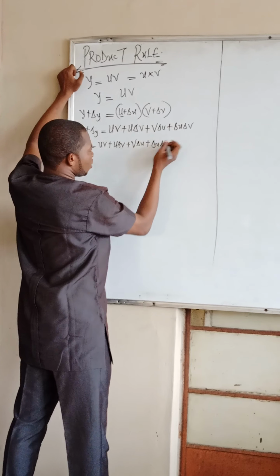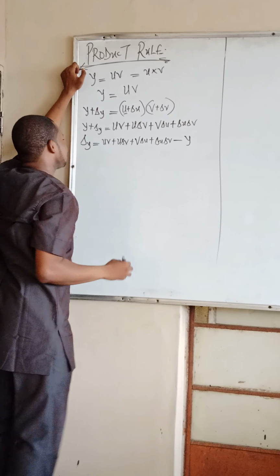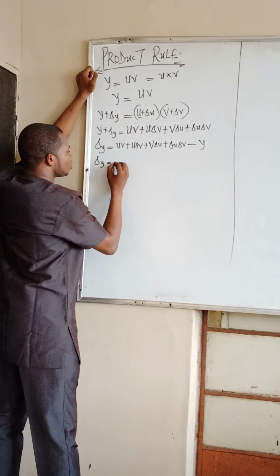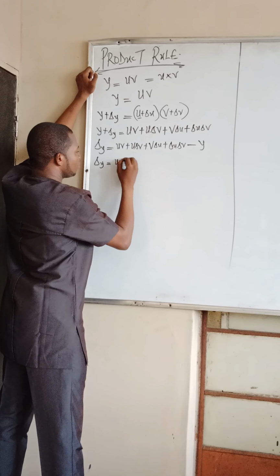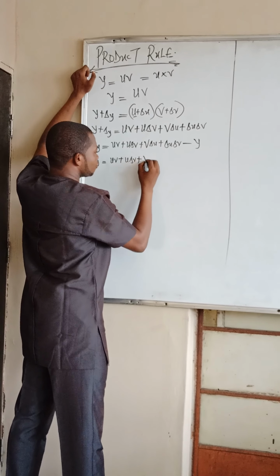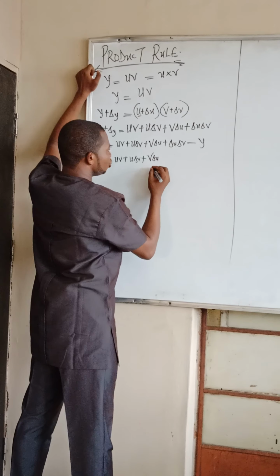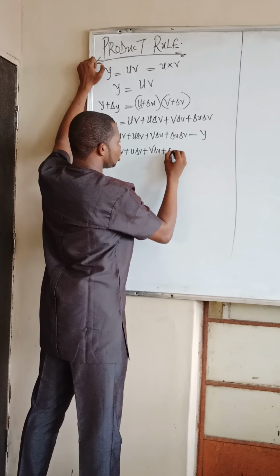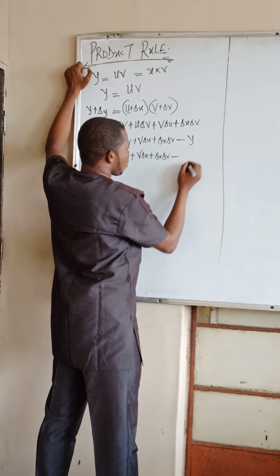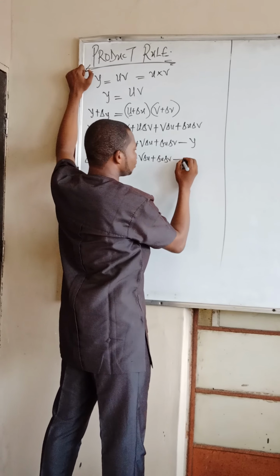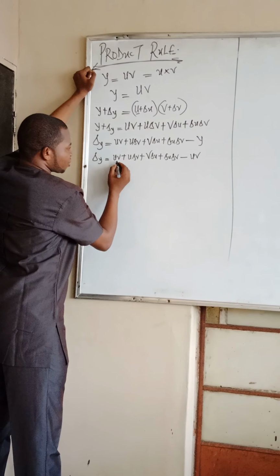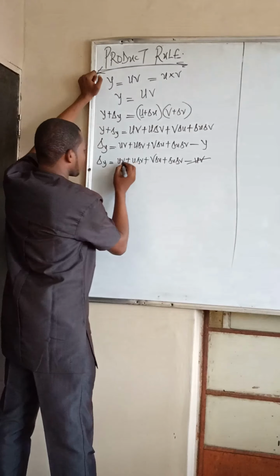Then my y coming here becomes minus y. So at the end of the day, I'm having change in y equal to uv plus u change in v plus v change in u plus change in u change in v minus y. What is my y? UV. So you find out that this is my UV positive, this is my UV negative, and they cancel out.